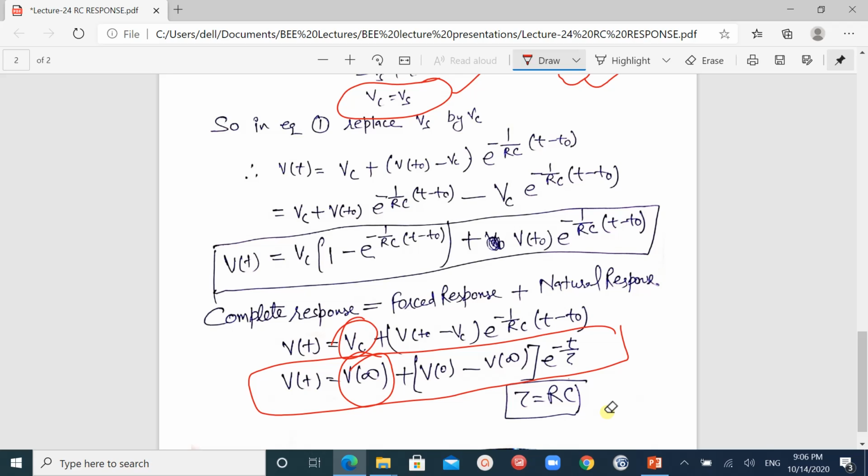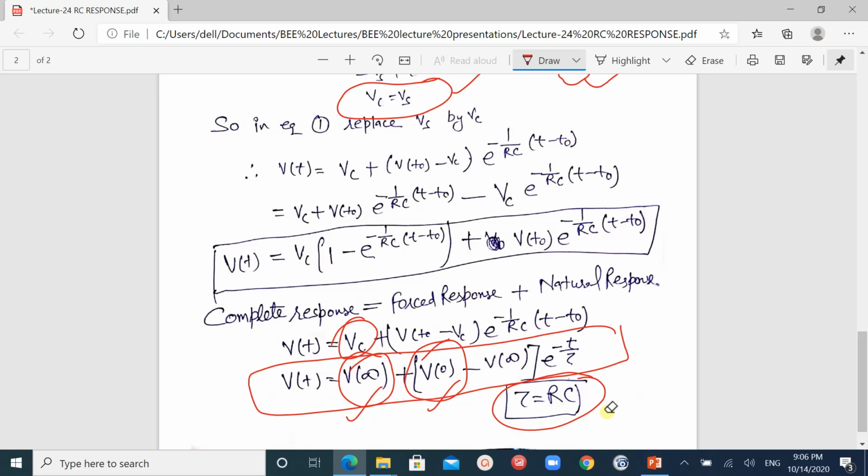So Vt is equal to V infinity plus V0, where V0 is the initial value. So we have two conditions here: the voltage at the initial condition and the voltage at the final condition, and tau is replaced by RC. So this is about the RC response of the circuit.